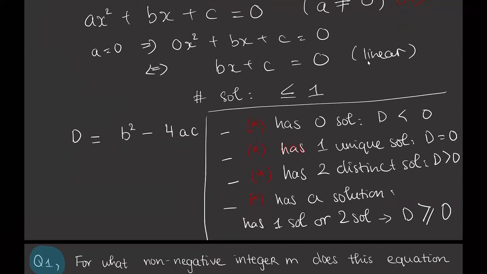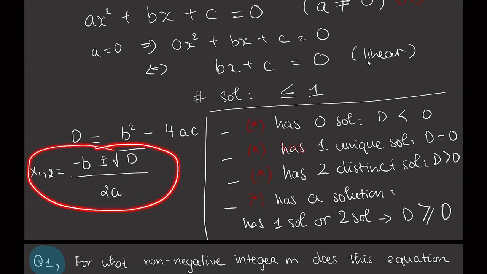Okay, and in the case the equation has 2 distinct solutions, then the solution is in the form minus b plus minus square root of discriminant over 2a. Is this formula true when the equation has one unique solution?